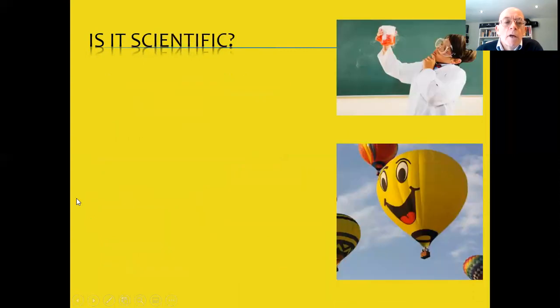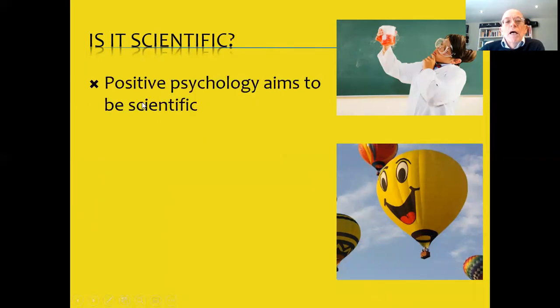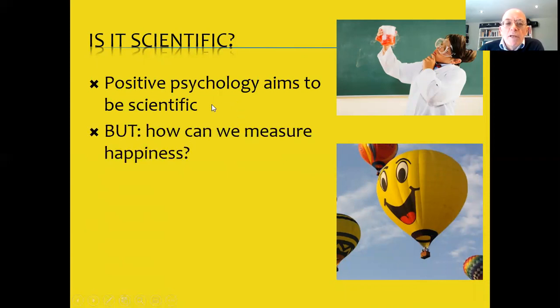Okay. Is it scientific? Well, Seligman, if you remember when we watched the video right at the beginning when he did the TED talk, he talks about how they do the equivalent of randomized controlled trials. So you have people in two different groups and you do experiments and you see what kind of things can lead to people becoming happier. So on the one hand, it would seem to suggest that it is a scientific approach and it aims to be, but then the kind of thing that we're trying to measure, the actual idea of happiness, is very difficult.